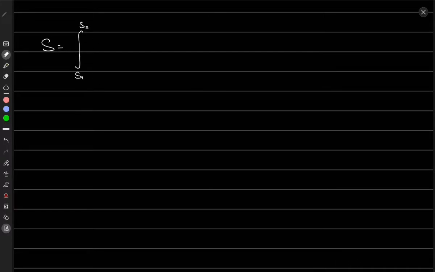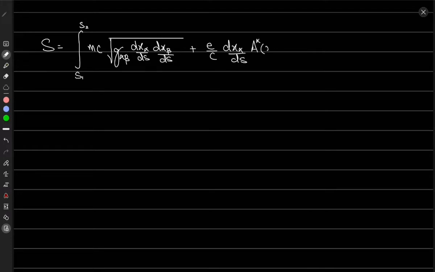Remember, this S is a parameter, and this would be MC times the square root of G alpha beta dx alpha over ds times dx beta over ds, and then outside the square root we have plus E by C dx alpha over ds, and of course A alpha of x, and then finally ds.